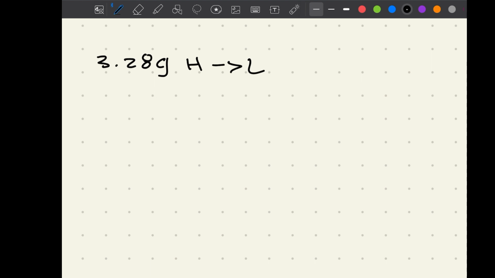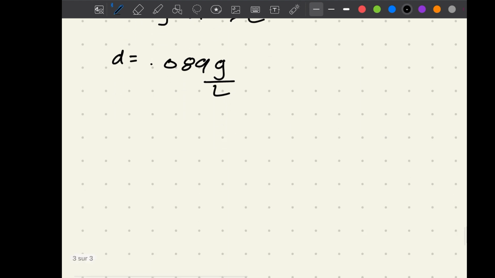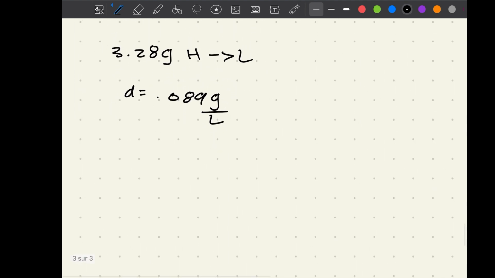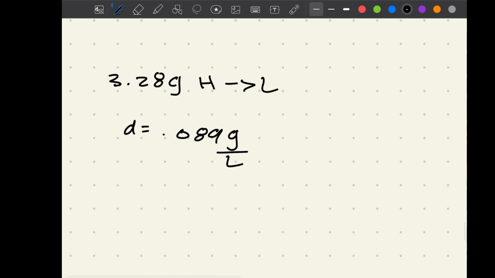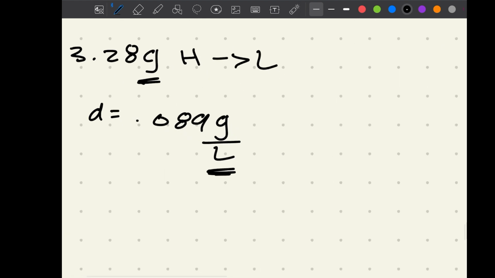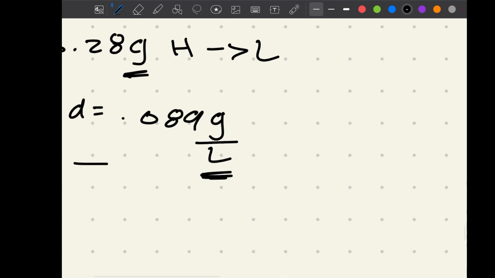So how do we do this? We know that the density of hydrogen is equal to 0.089 grams per 1 liter. So we can use something called stoichiometry, which will convert grams of something to liters of something given a conversion rate.